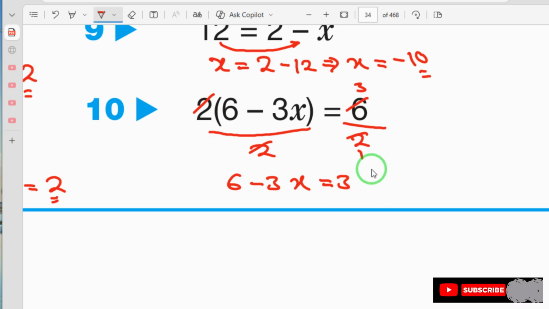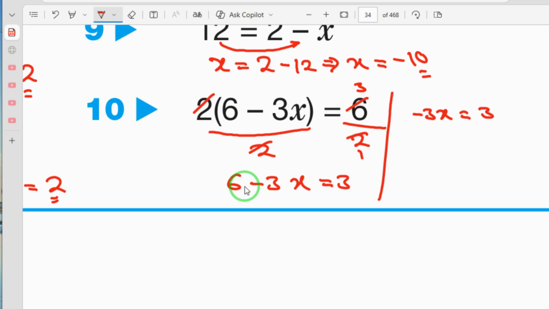Then we keep minus 3x as itself, it's equal to 3, and we bring the 6 to the right side, it becomes negative, minus 6.